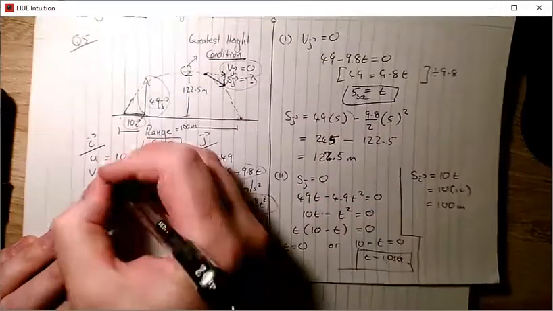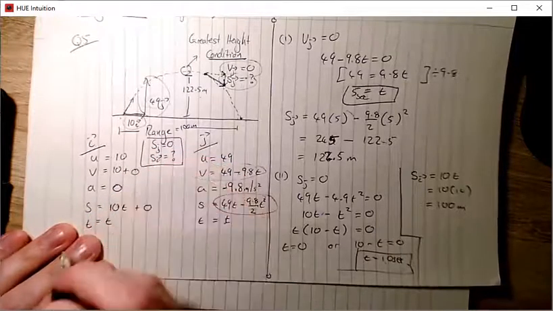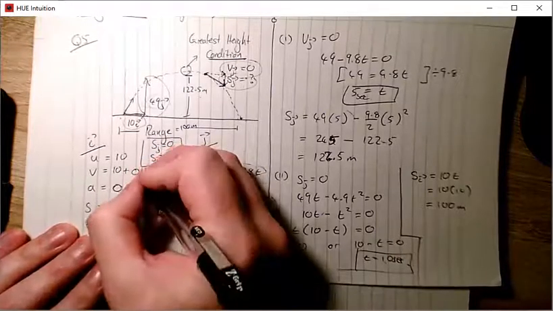What they're looking for is this v with the arrow on the top, which means the velocity as a vector at t seconds. Well, the velocity in the I direction, v equals u plus at, is going to be 10 plus 0. So that's why that never changes. Velocity in the I direction is still 10 meters per second, just like it was at the start.